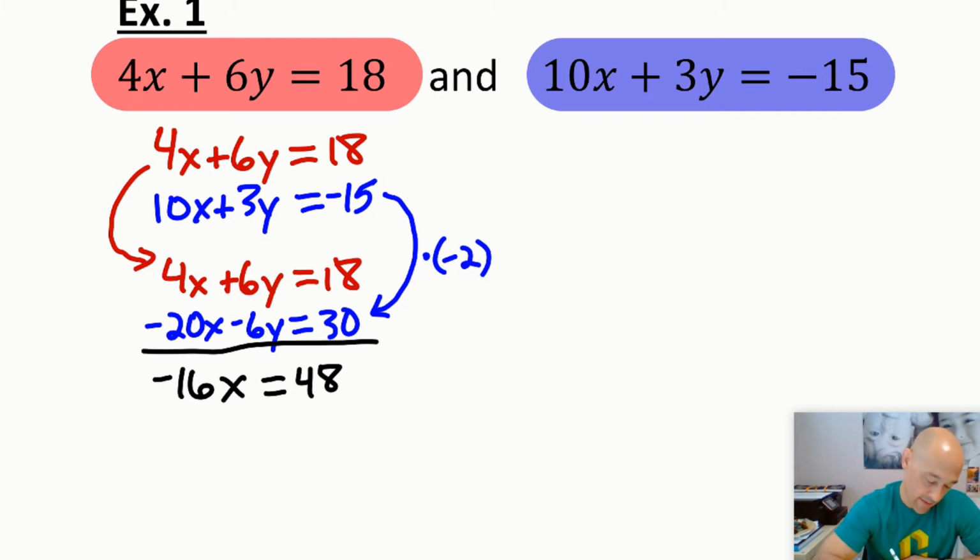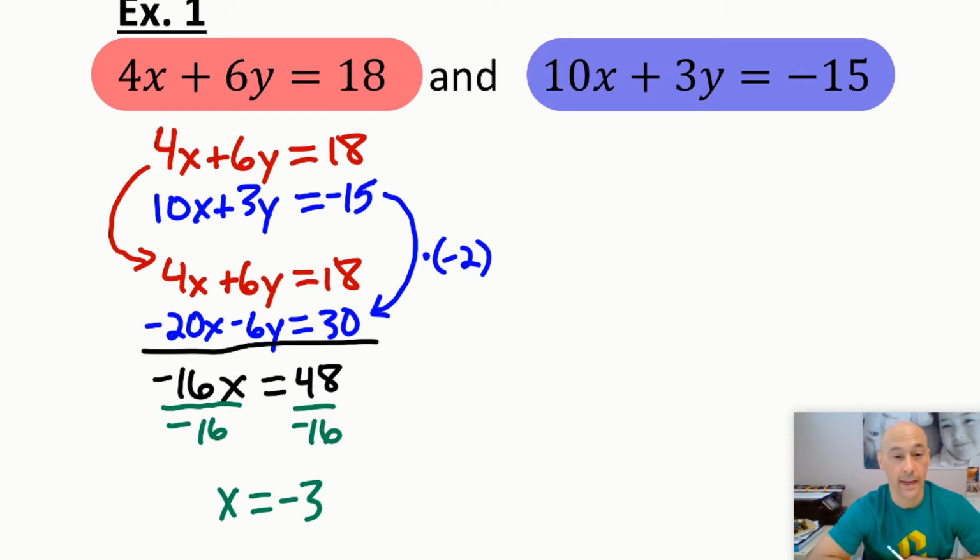Now I can divide by negative 16 to get x by itself, and x is equal to negative 3. 48 divided by negative 16 is negative 3.